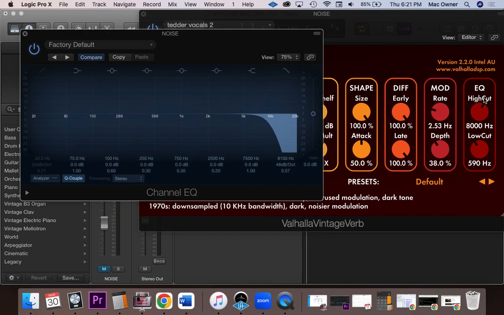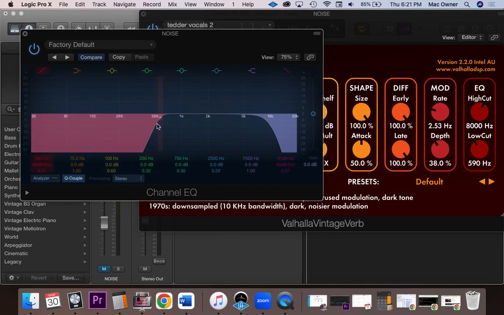When we say high cut, that means on the high end we cut it. And low cut is the contrary. Low is this part over here. So let's say we have 590, something like here, as you can see. So that's the setting we have over here on the low cut. That means we cut the lows.